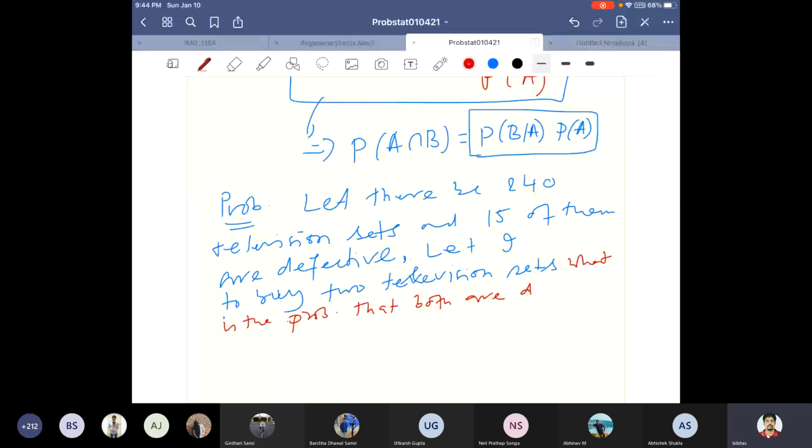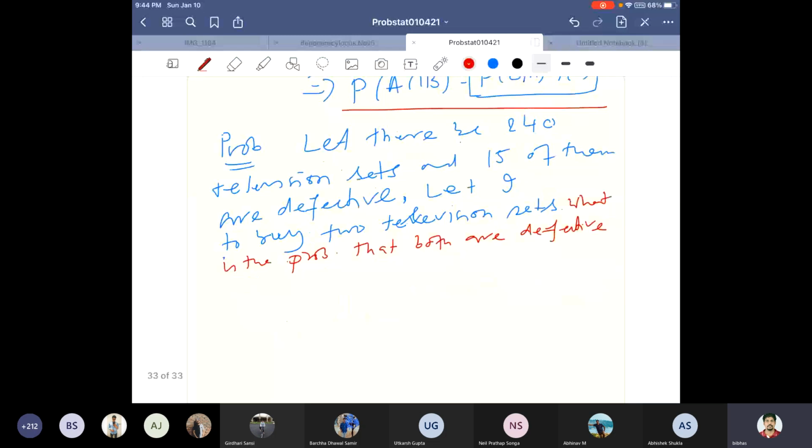Now, this question will answer what is the meaning of this. Suppose that being defective is equally likely. Let us add that assumption also.